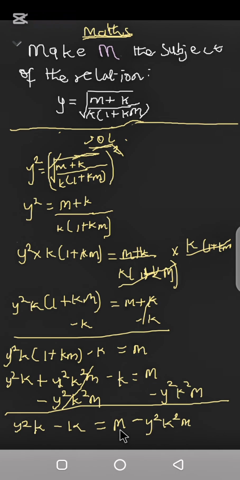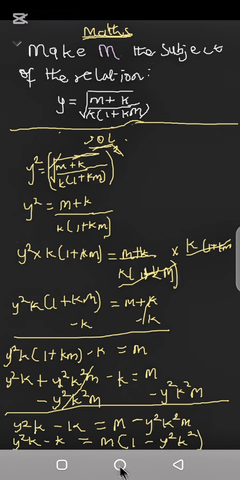So when we see this, we can pull m out. When we pull m out, what is remaining? So we have here y squared k minus k, and that is equal to, when you pull m out, m is now here, we open up a bracket. Now m divided by m is 1, minus m divided by the m here, we have y squared k squared.